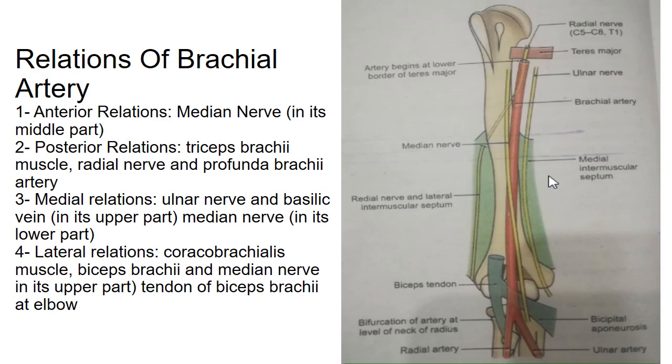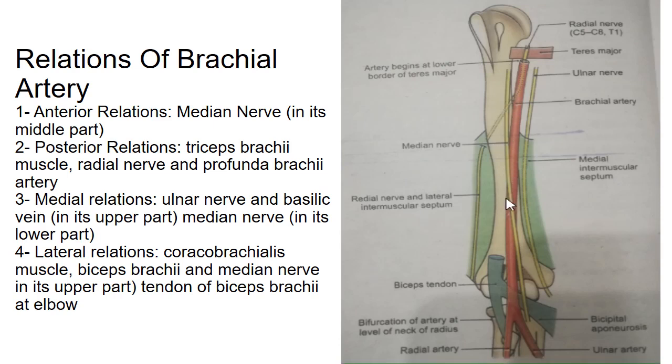As you can see in this image, in the middle part of the artery, it is covered by the median nerve. This is the median nerve, which is crossing the artery anteriorly from lateral to the medial side, which means the median nerve lies on the lateral side of the brachial artery in its upper part.